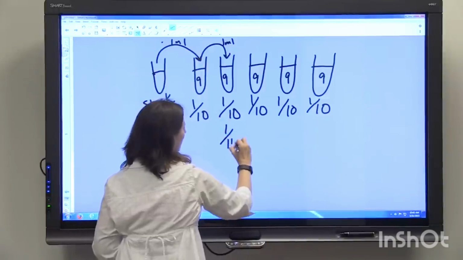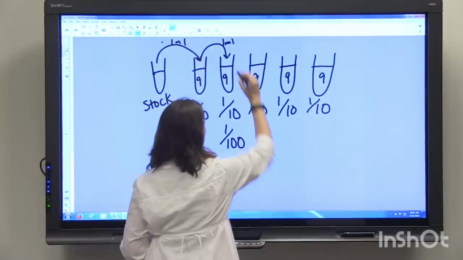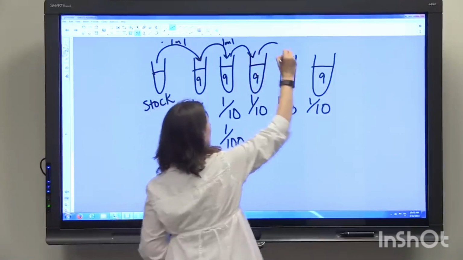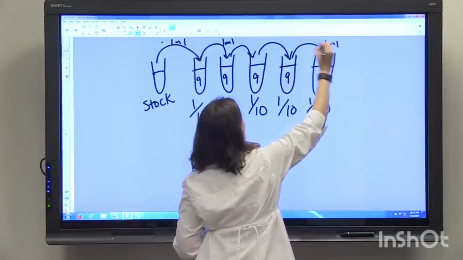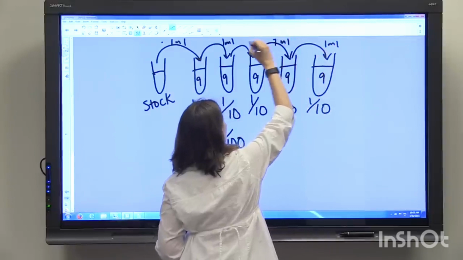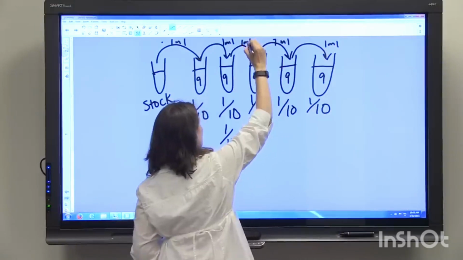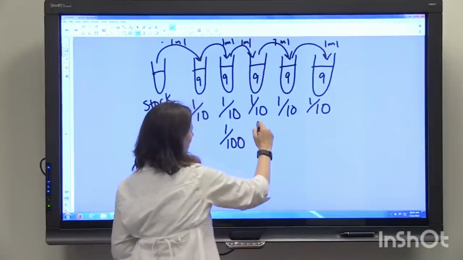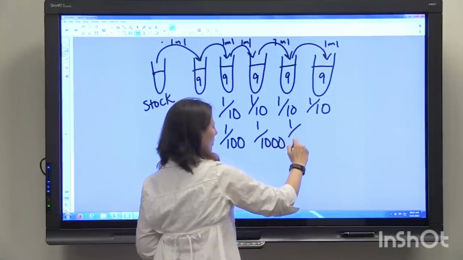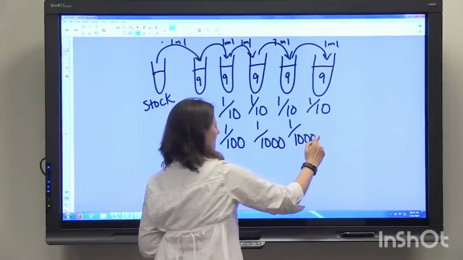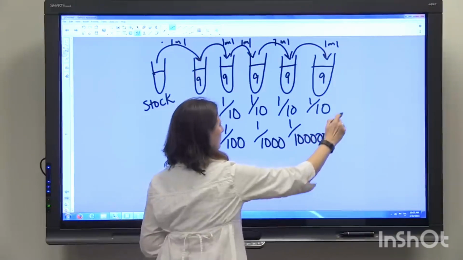So here, and let's just go ahead and finish this out. Each time you're doing a 1/10 dilution, but each time you're getting more and more dilute.